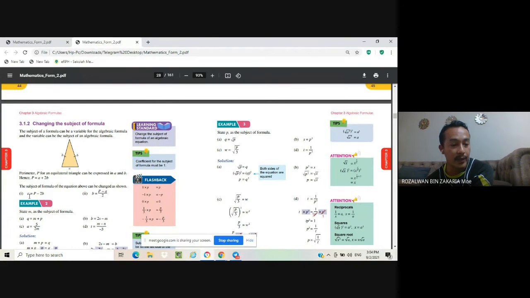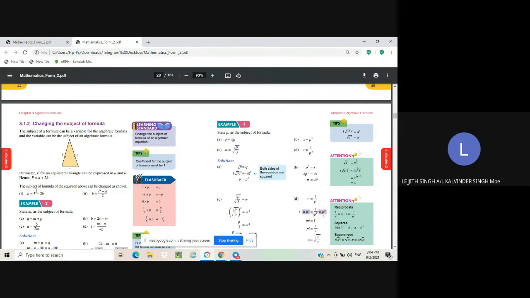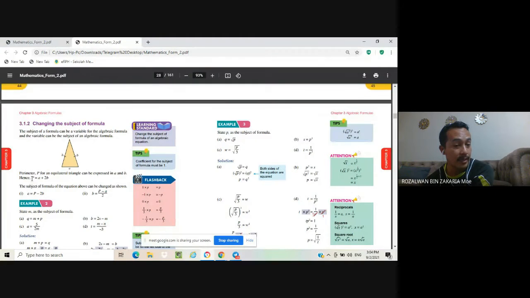Okay, class, look at this one. A equal to P minus 2B. Do you know why this happened here? Anyone? No, teacher. All right, now look here. The first formula we have is P equal to A plus 2B.